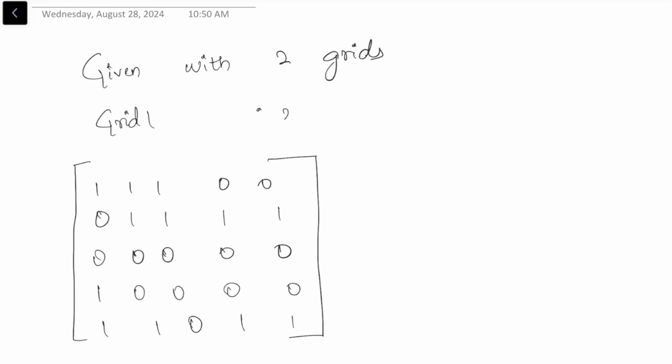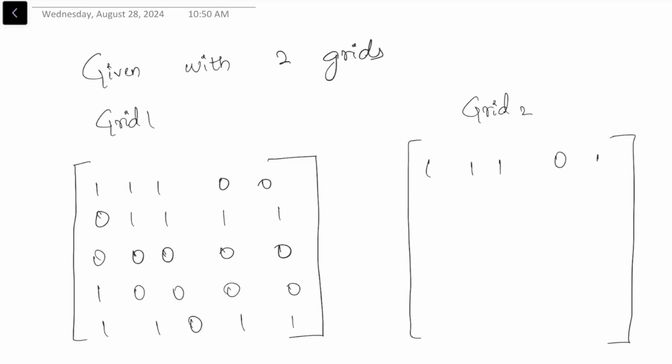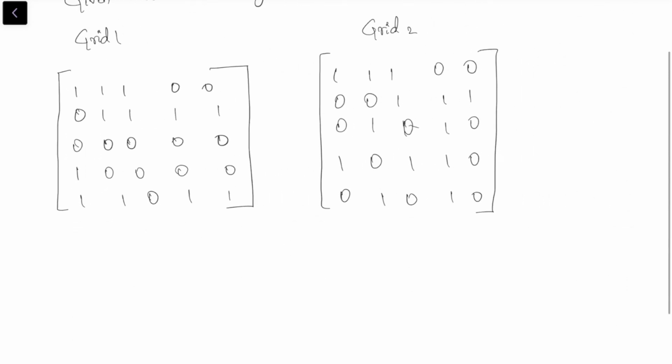And grid 2 is 1 1 1, 0 0 0, 1 1 1 1. Okay, these are the two grids given in the question.